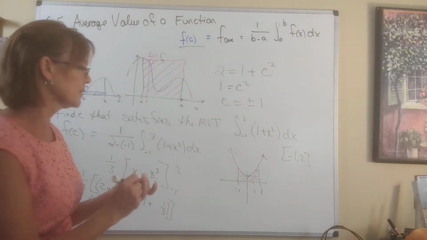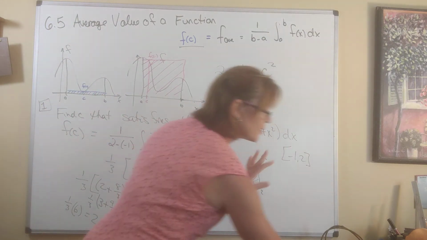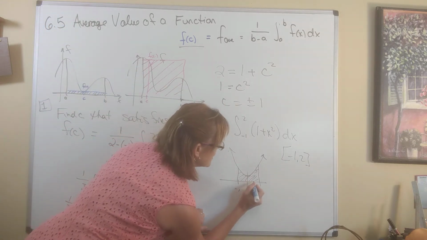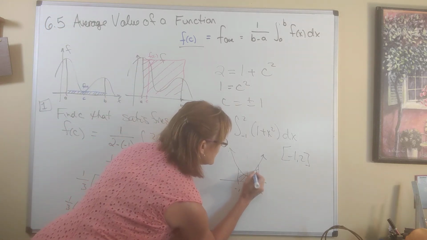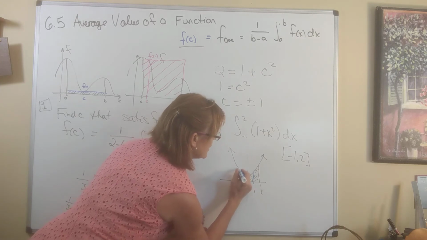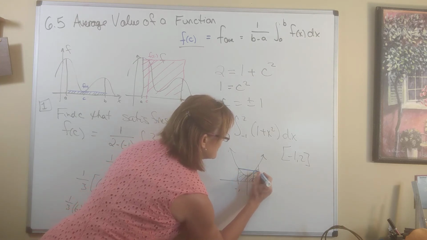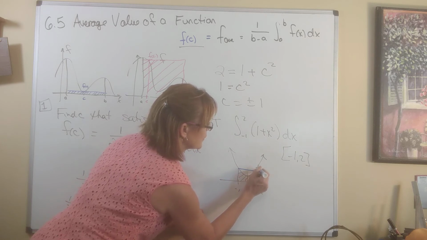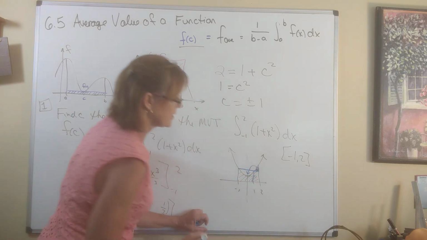Let's see what that might look like. This is a sketch, so it won't be perfect. You could do it on your calculator and see what this looks like. But if you go to 1 or negative 1, basically we get the same height. So what they're saying here is that this area right here would perfectly fill in this area right there.